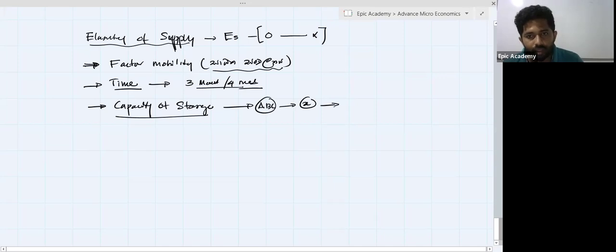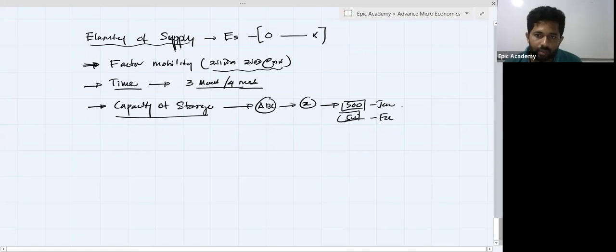This ABC company has capacity of storage. He produced 500 commodities for 1 month, January. 500 similarly for February also.